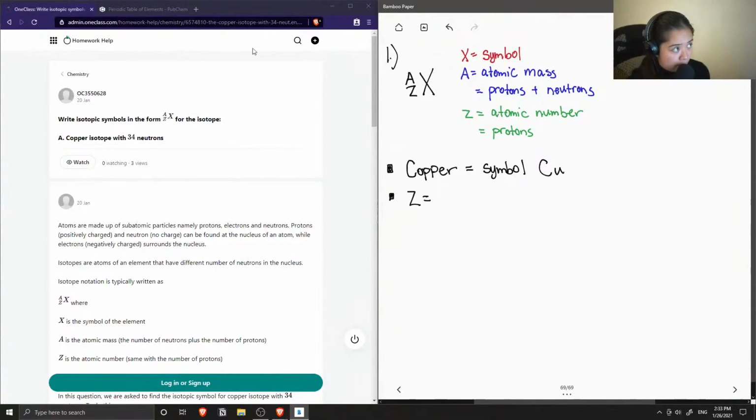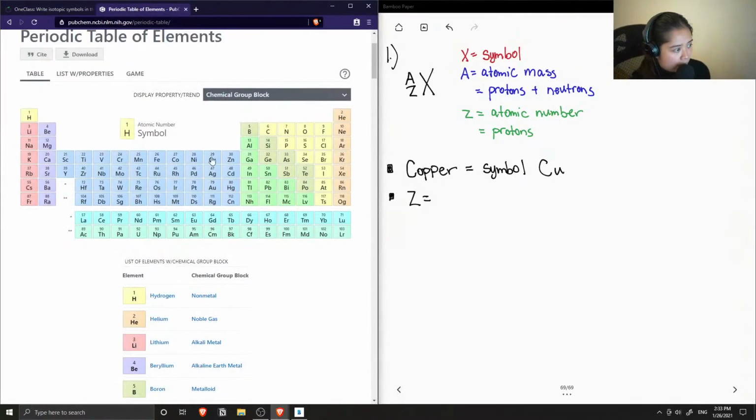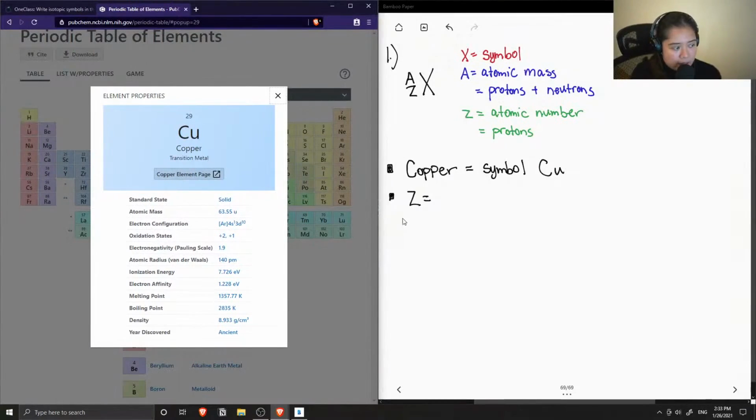Okay, so let's pull up the periodic table. And copper is found here, and its atomic number is 29. So that means there are 29 protons.